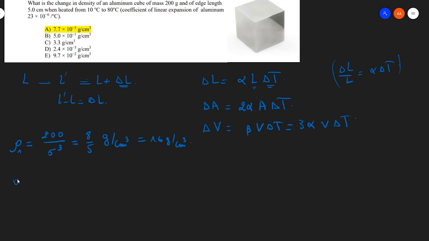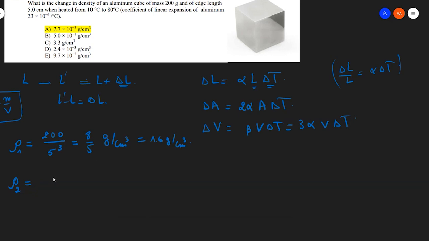They want the change. So first of all, I need to express the new density. I will recall here the density is the mass over the volume. I'll just put it here if you have forgotten. Rho is equal to m over v. This is what I used here. M over the volume. Okay.